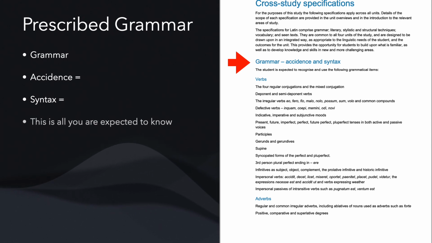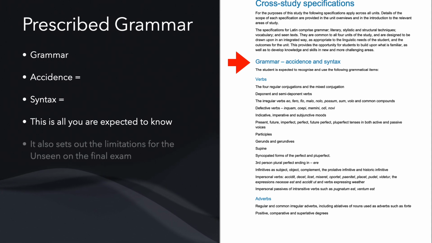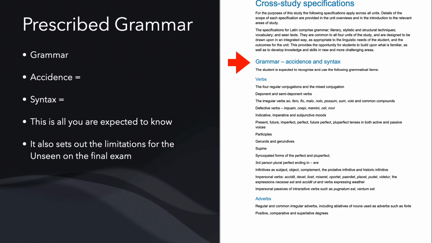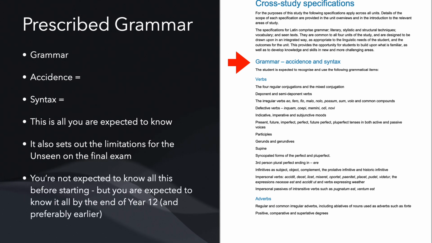Now, this is the list of all you're expected to know. It's not the list of all Latin grammar that there is. There are a few things outside this, but it's all that you're expected to know. It gives the limitations for the exam writers. So they've got to look at this list and make sure that they're not including things outside this. Of course, when you start VCE, you're not expected to know this.